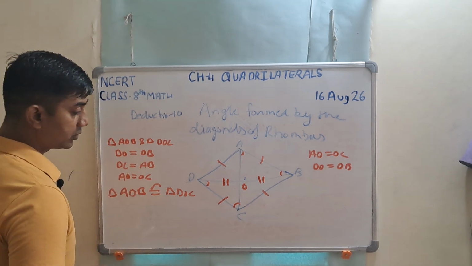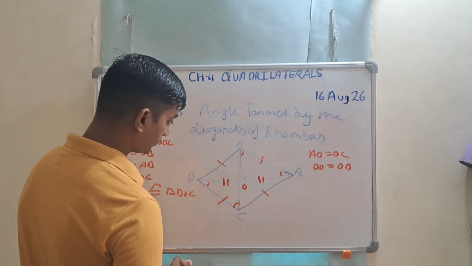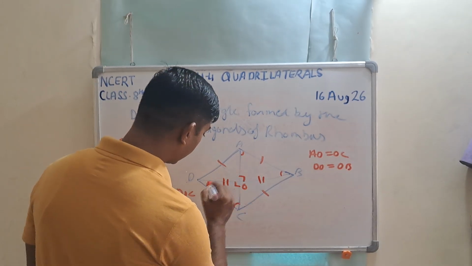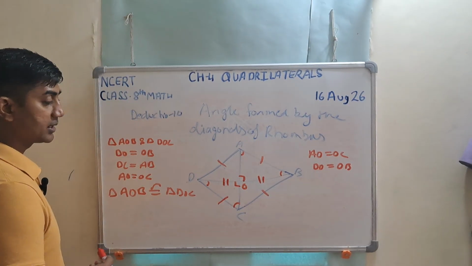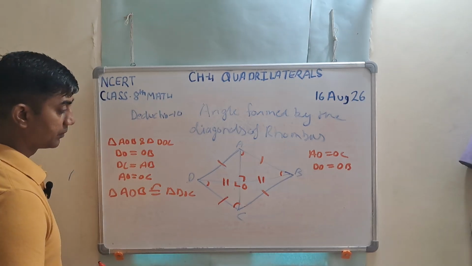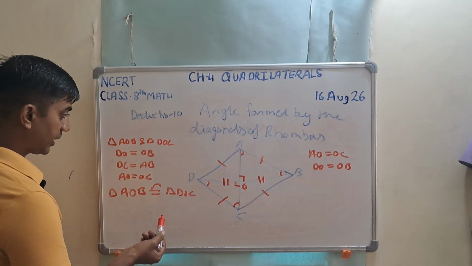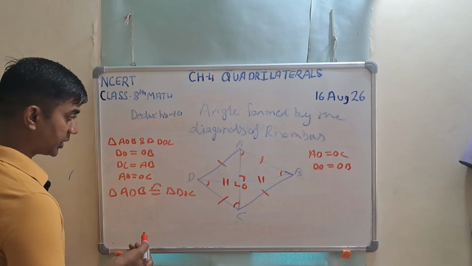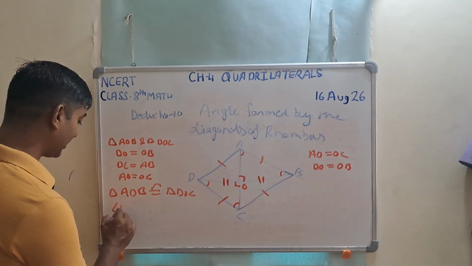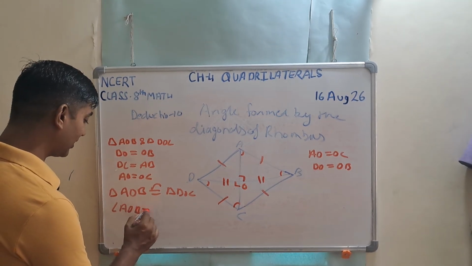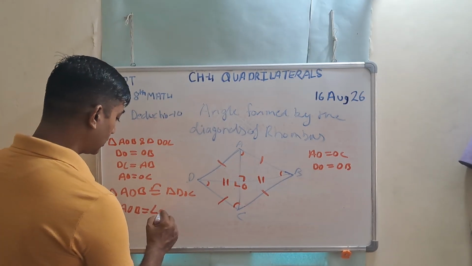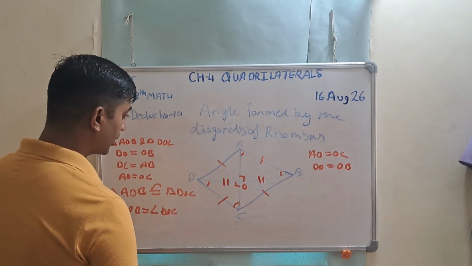So we conclude that this angle is equal to this angle. Understood? We have concluded from the corresponding parts of the congruent triangles that angle AOB is equal to angle DOC.